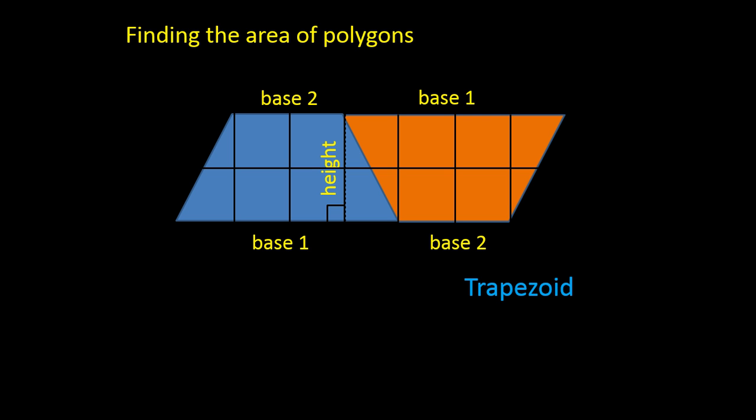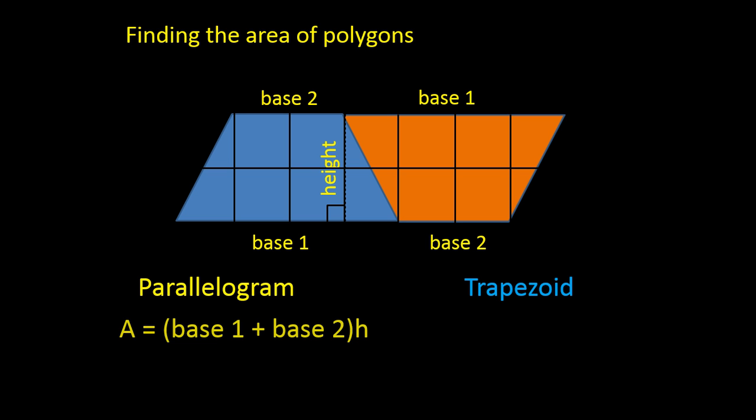Now here's the tricky part. What's the base of the parallelogram measure? Well, the base of the parallelogram is base 1 plus base 2. So the area of the parallelogram is base 1 plus base 2 times the height. Now that's all fine and well, but we just want the area of the blue trapezoid.